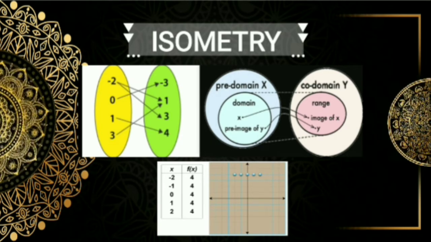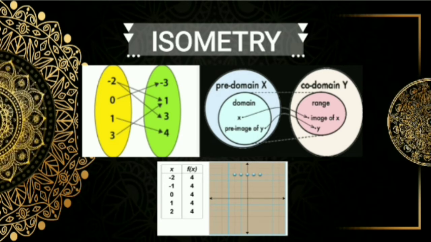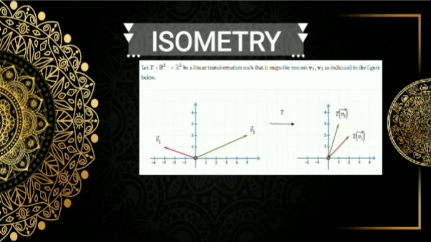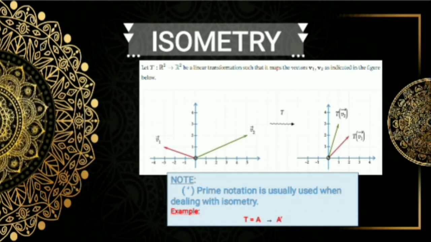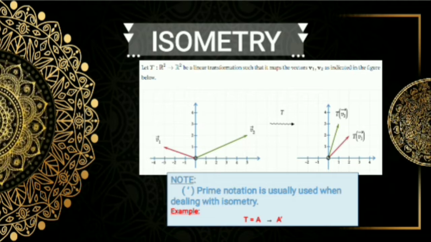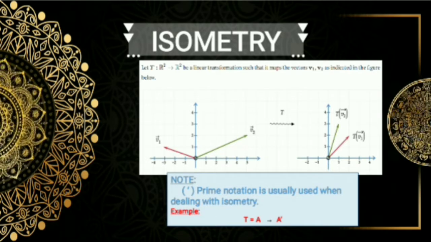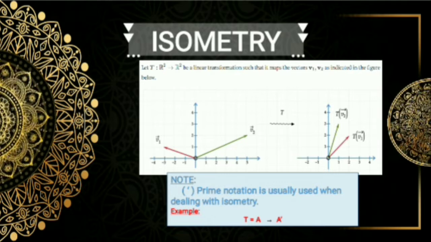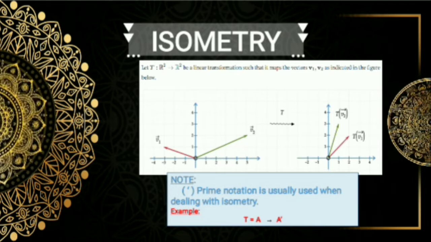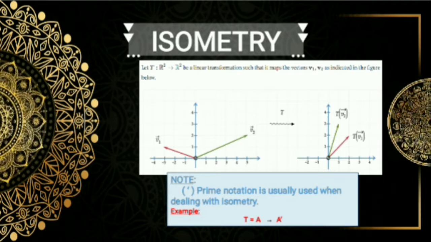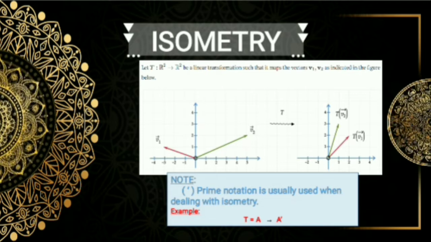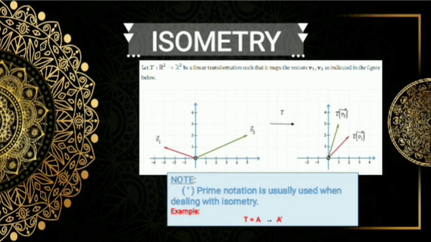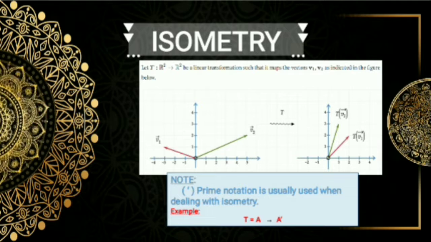So, in the case of an isometry, we are talking about functions which take any point in the plane R squared and produce for us another point in the plane. We will often use the prime notation: T of A. For instance, we apply a transformation T to the point A, and the result is something we can call A prime, just to make things simpler.